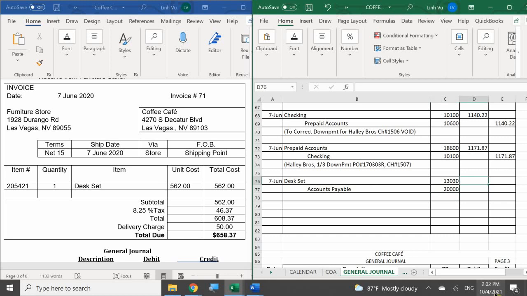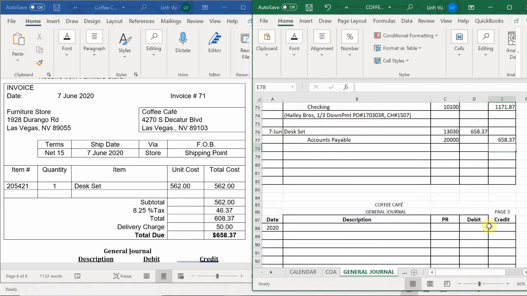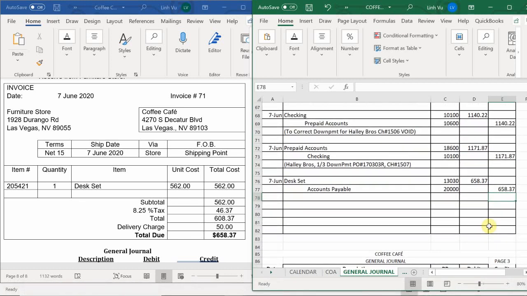So how much do I owe in grand total? 658.37. Yes. Desk set. Okay. So then what is going to be my information in regards to this transaction?